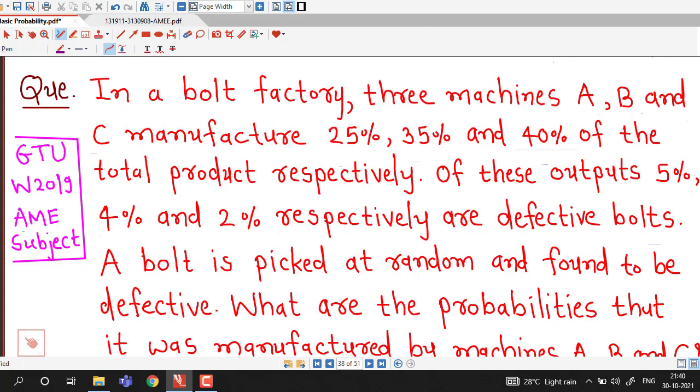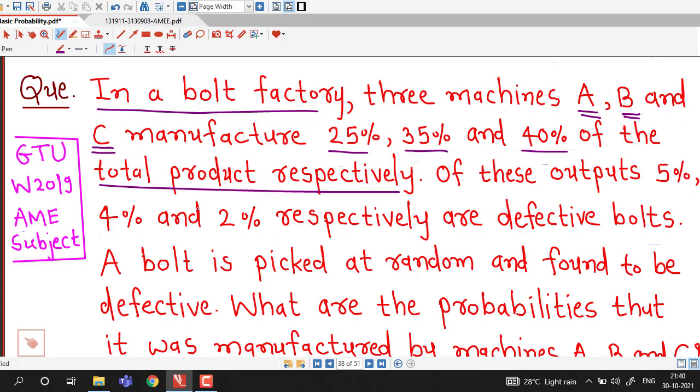It is given that in a Bolt factory, three machines A, B and C, denoted by these three capital letters, manufacture 25%, 35% and 40% of the total product respectively.